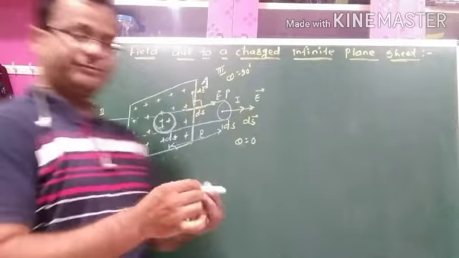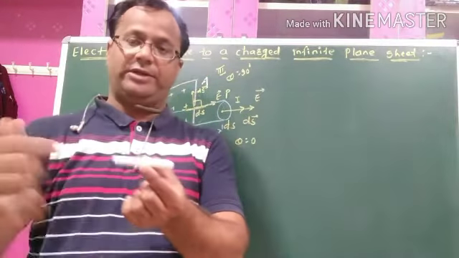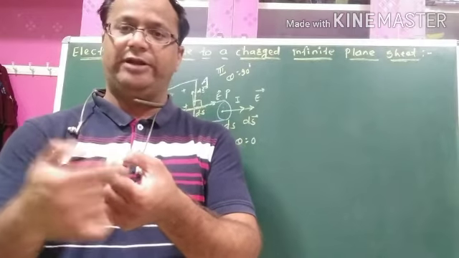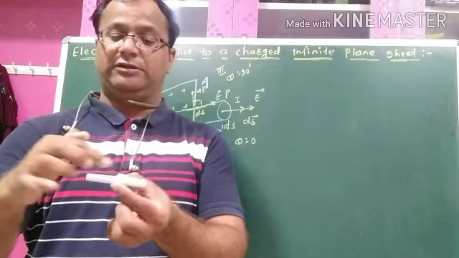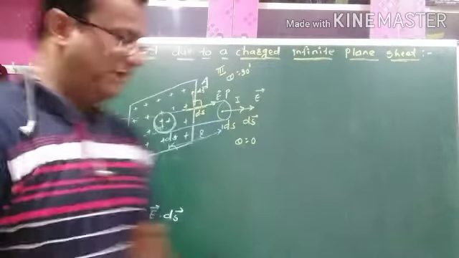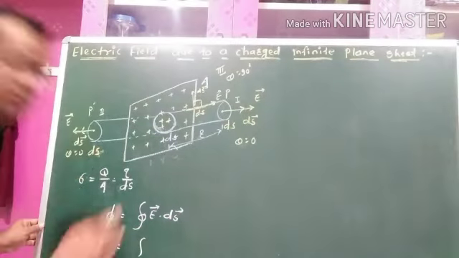Just like this one. Suppose if we consider this to be the Gaussian cylinder, then for the cylinder this will be the first surface, right, which is circular. Again this will be the second one, again circular, and the third one is the curved surface, right. So that's why this integration is written as three parts.